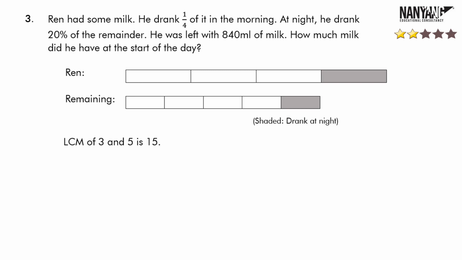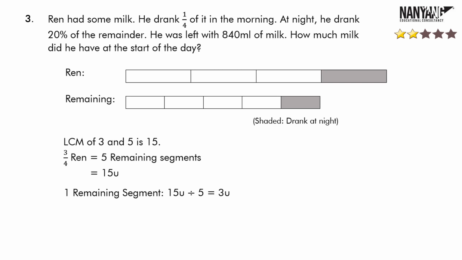Now we take the LCM of 3 and 5 and we get 15. So 3/4 of Ren is equals to the 5 segments. And this is 15 units. With that, we can find out what one segment is, which is 15 units divided by 5, 3 units.